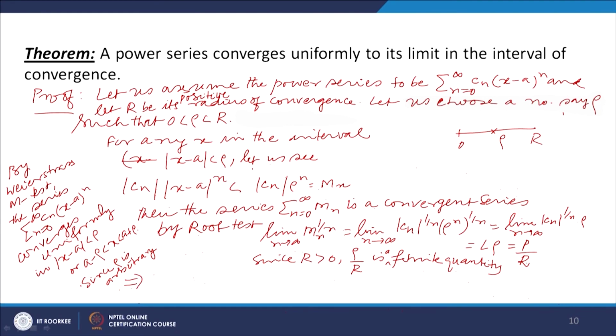This implies that the given series converges uniformly in the interval a minus r to a plus r. So, a power series converges uniformly to its sum function in the interval of convergence, that is a minus r to a plus r, if a is the center of the series.